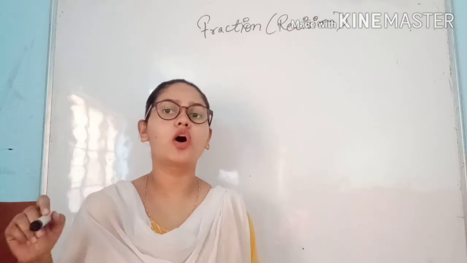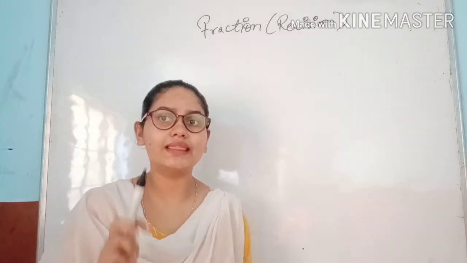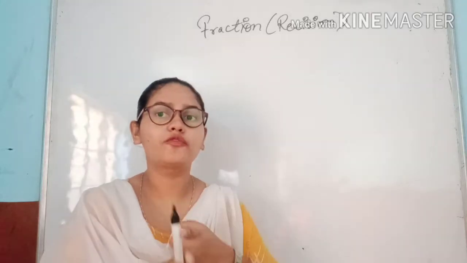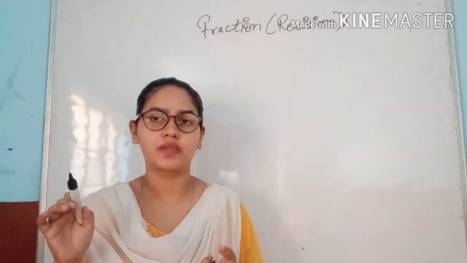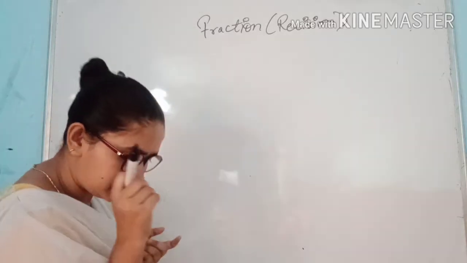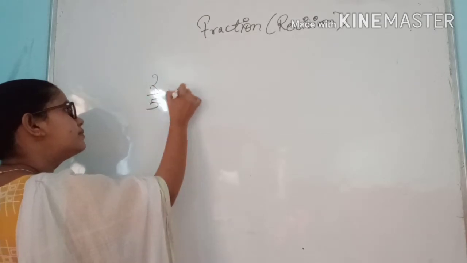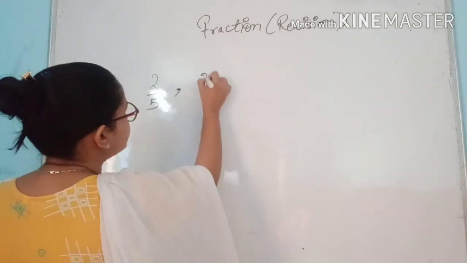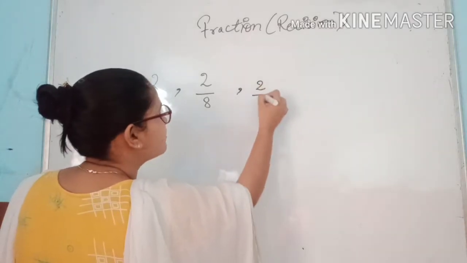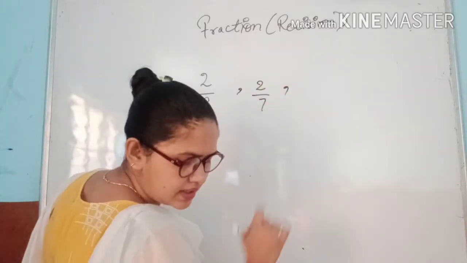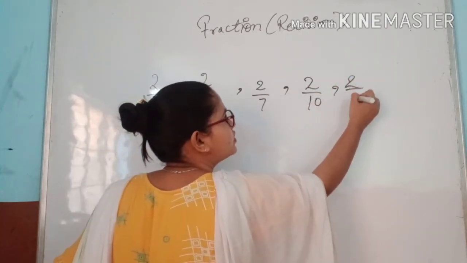Then we will follow the denominators in descending order for ascending sums. In your book, this one is written like this: 2 by 8, then 2 by 7, 2 by 10 and 2 by 3.